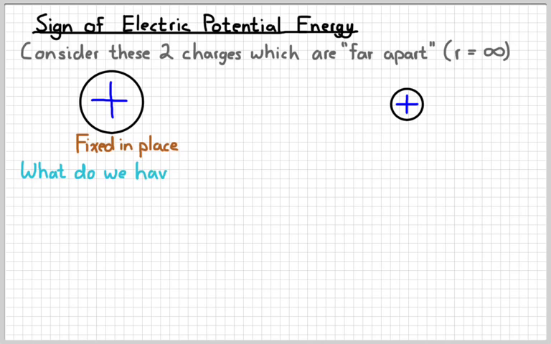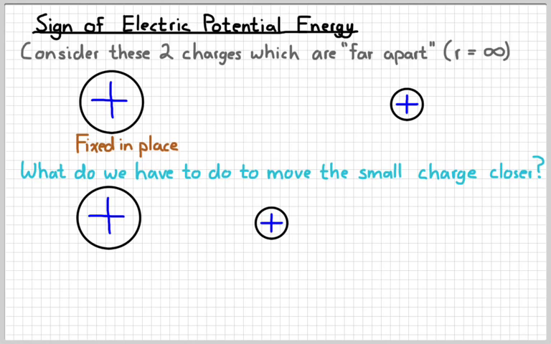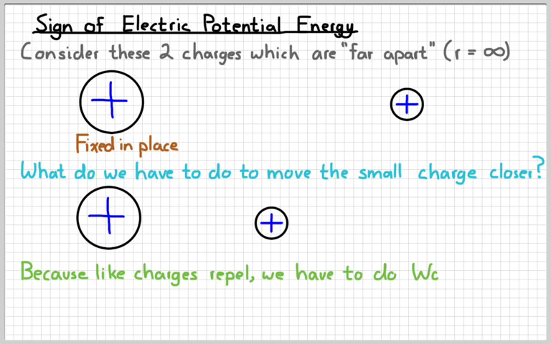So the question is, what do we have to do to move the smaller charge closer to the big charge? Remembering that positive charges will repel each other, the answer is we would have to push it. And if we're going to push it and make it move, that means that we're going to be doing work on it. We push it to make it move, therefore work is done.